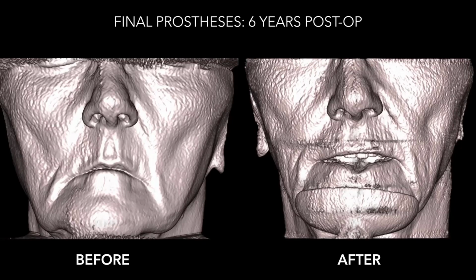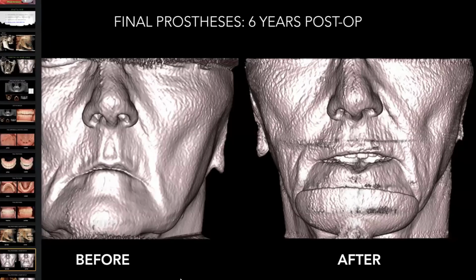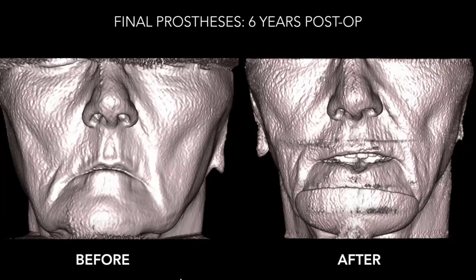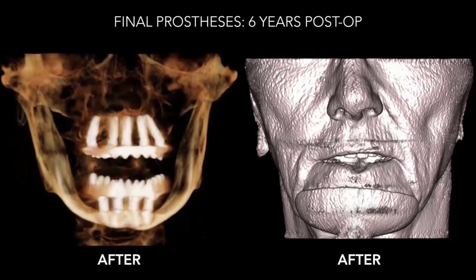So it's things like this. Like I said before, I'm showing you some extreme cases, but I'm showing you what is absolutely possible with a cone beam CT scan machine, and also absolutely possible in terms of being able to provide this type of therapy for people on a day-to-day basis. Pretty cool.